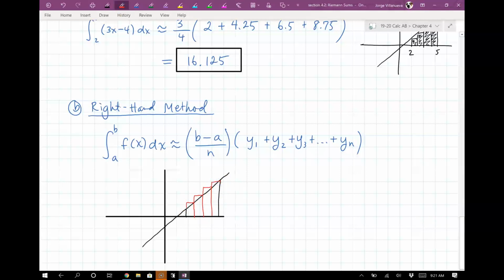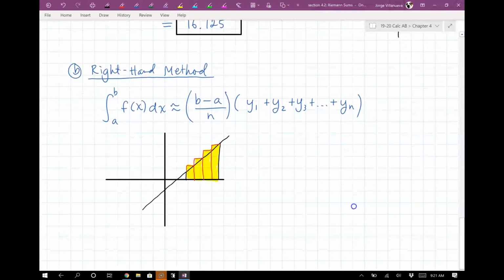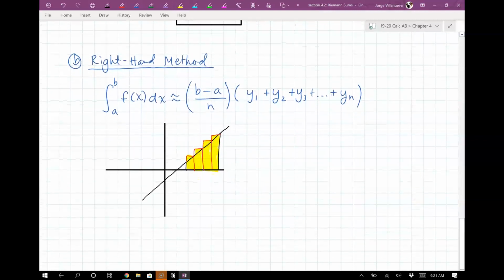So if you look, we're over approximating the area. But here's the nice thing. Didn't I already find out all the y values for this problem earlier? Right? So all I have to do is fill in the information.